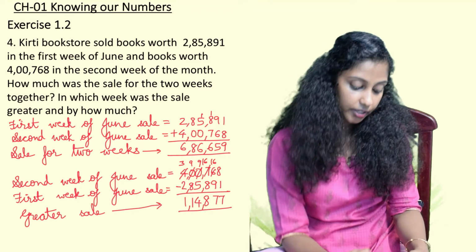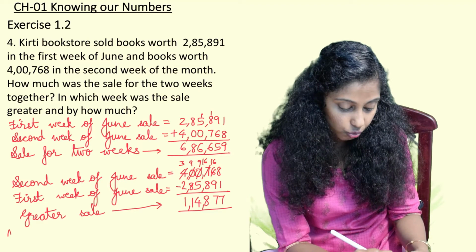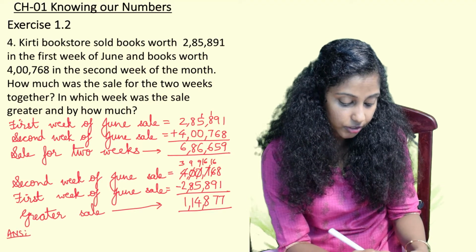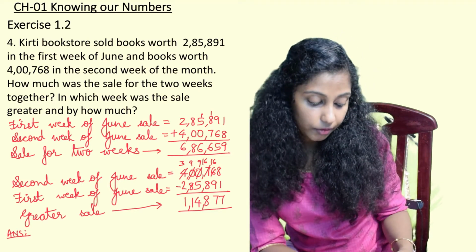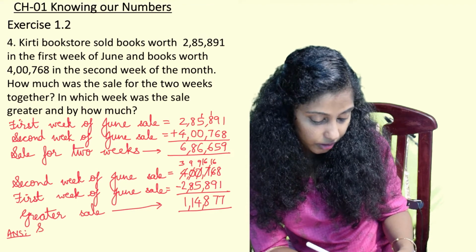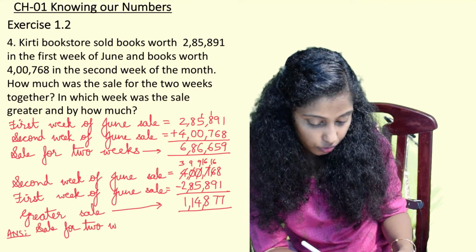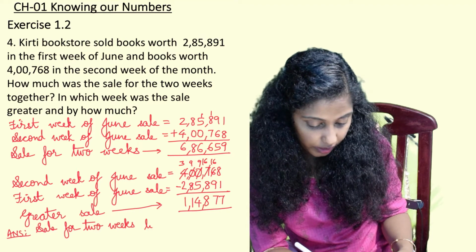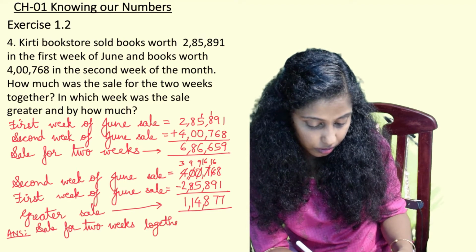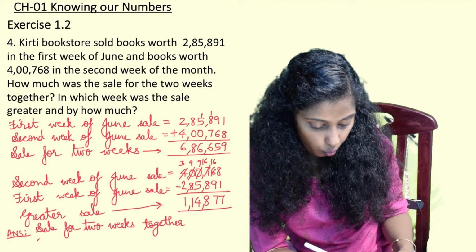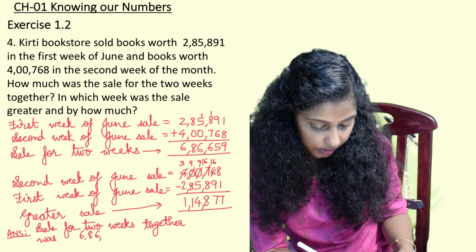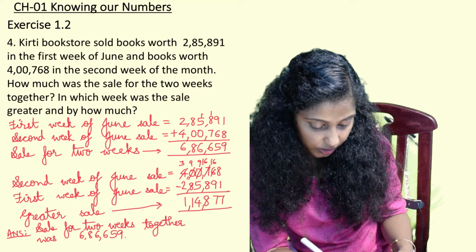So here in answer, they have asked us 3 questions. How much was the sale for the 2 weeks together? Sale for 2 weeks together was 6,86,659.